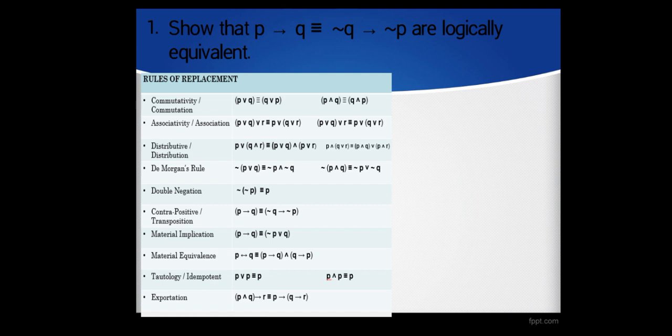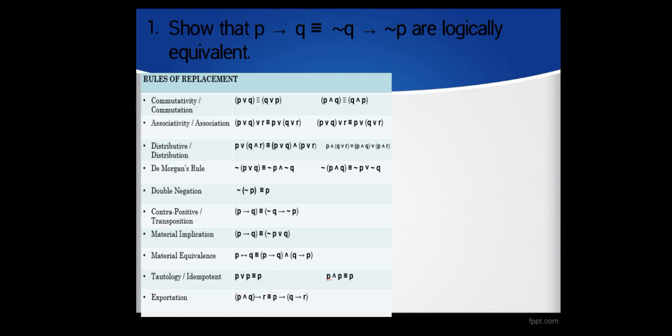It will become not P or Q. Next we will use the commutativity or the commutation. It will become Q or not P. Then we will use the De Morgan's double negation. It will become not Q or not P.